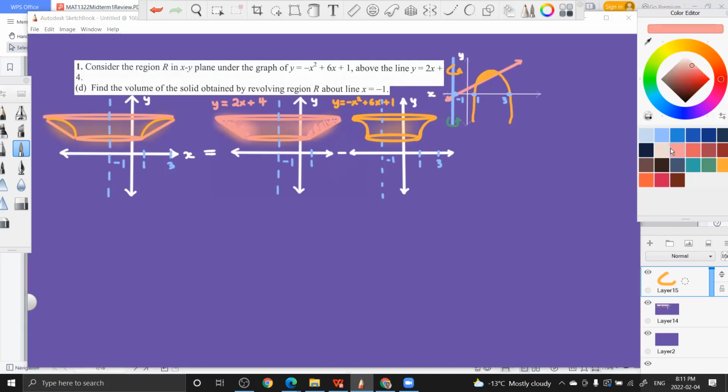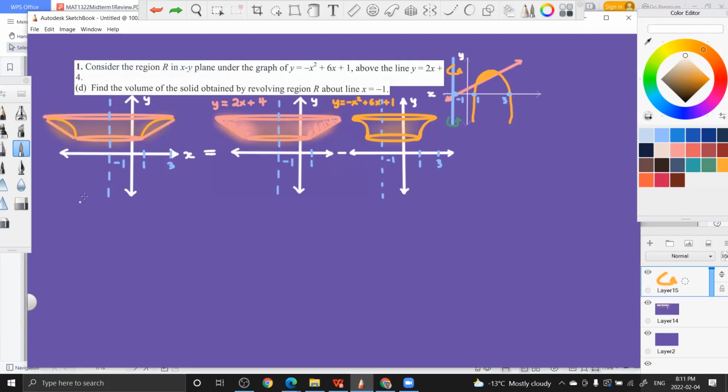So what is the outer function and what's the inner function? Well, the outer one is the red one, and the inner function is the yellow one. That's why the volume is equal to the volume of the outside function minus the volume of the inner function.